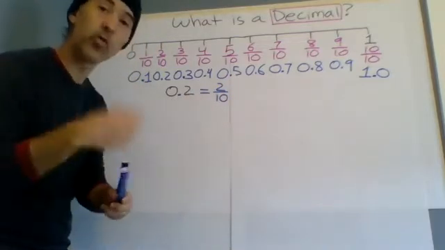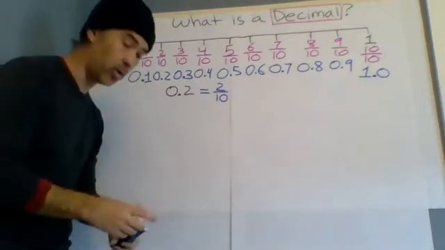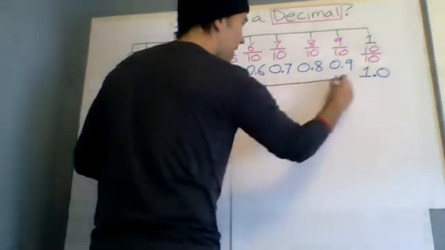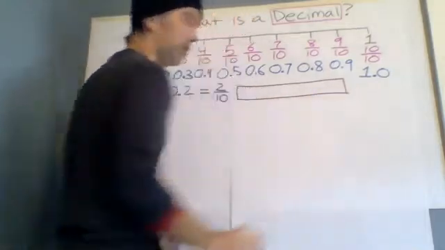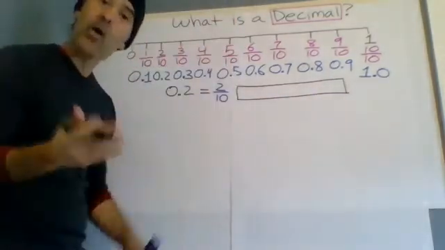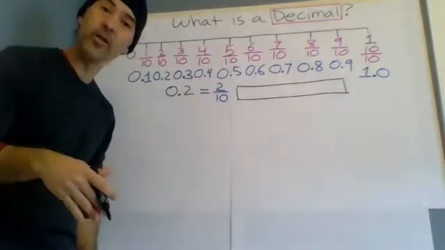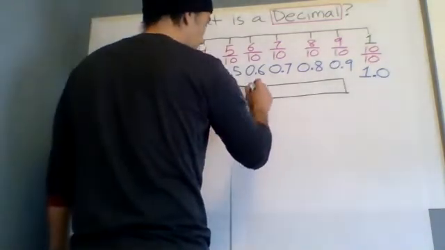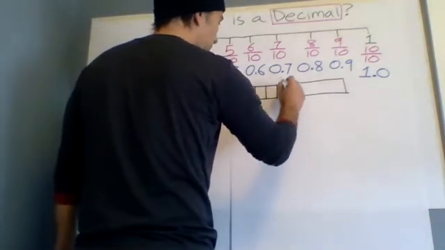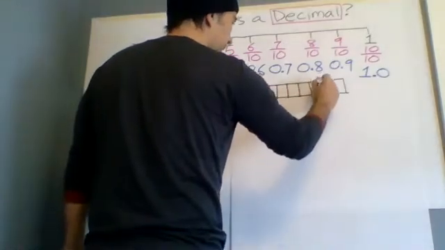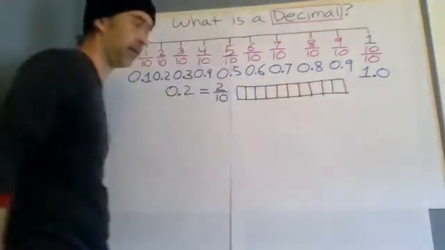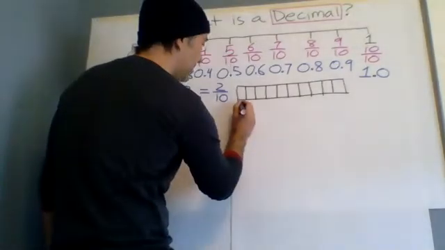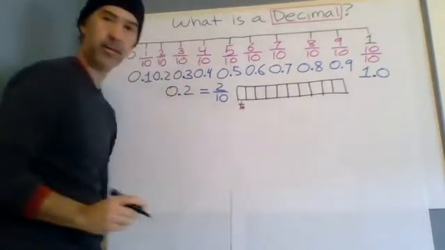So if I want to draw 0.2, 2/10, I draw my whole. How many parts do I break my whole into? 10 equal parts. 1, 2, 3, 4, 5, 6, 7, 8, 9, 10. Each one of these is 1/10, right?